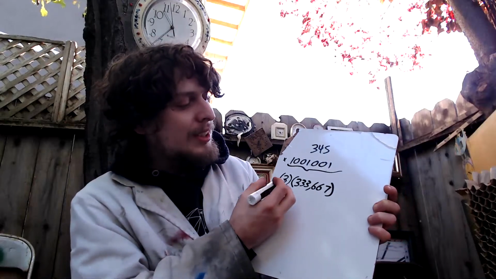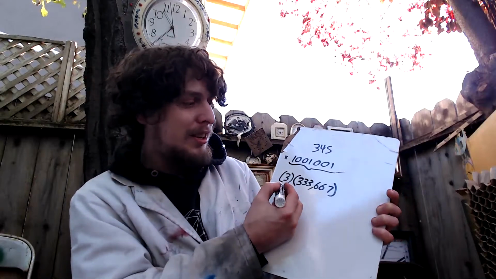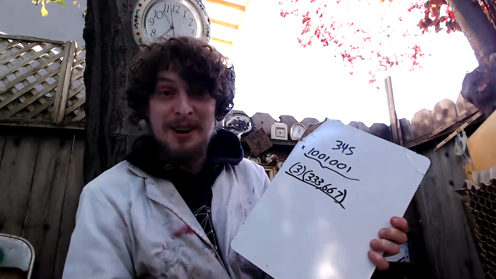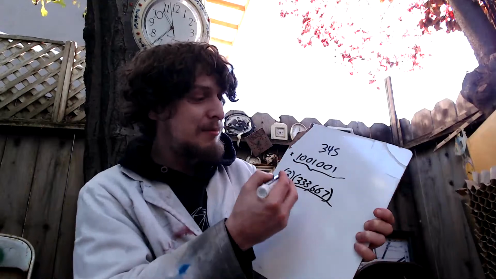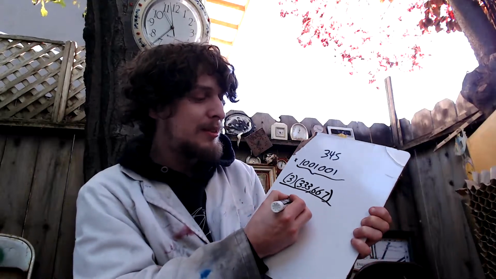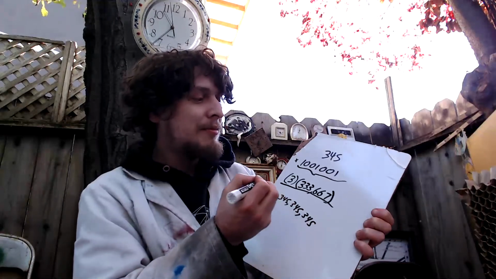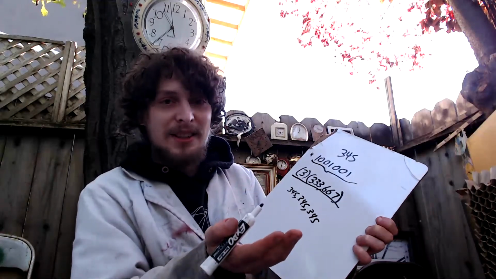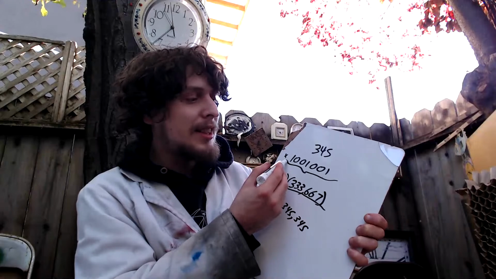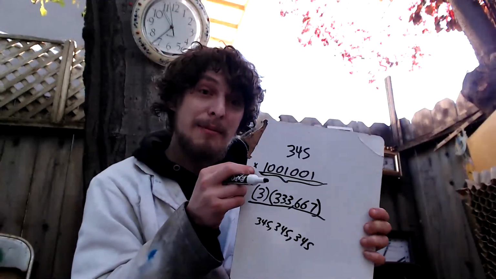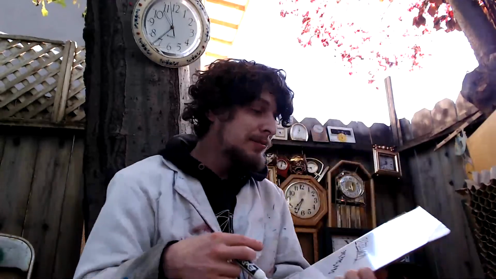So it turns out if you multiply a 3-digit number by these, you get it 3 times in a row. So that this times that would be 345,345,345. So how did I find that? Just by realizing this is what would make that happen and then seeing what factors made that up and being pleasantly surprised.